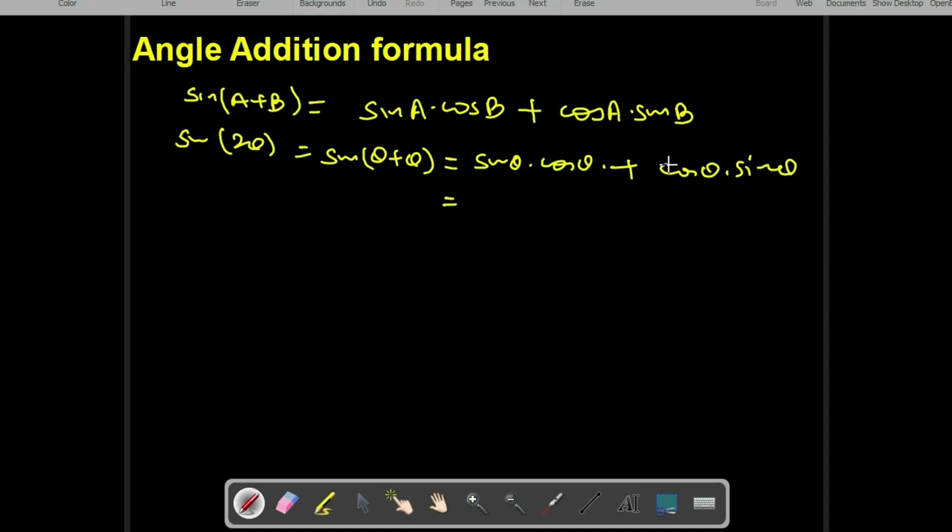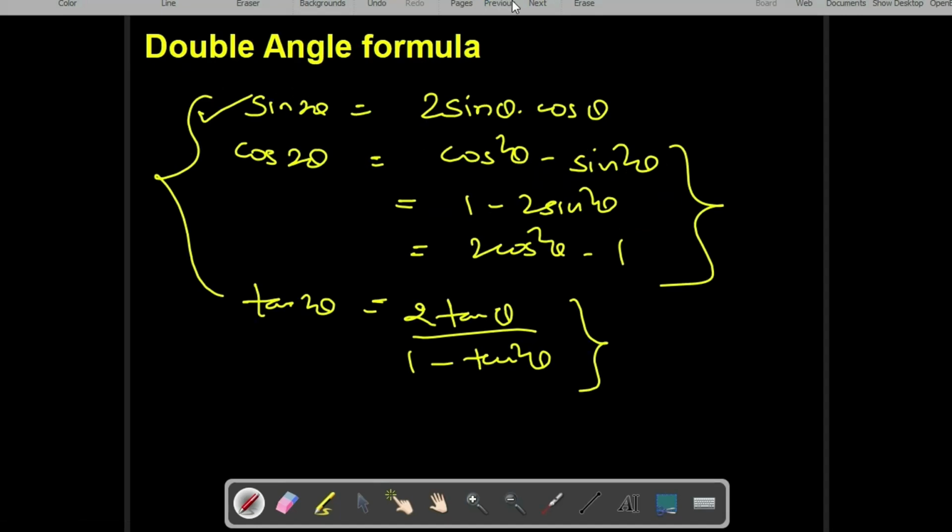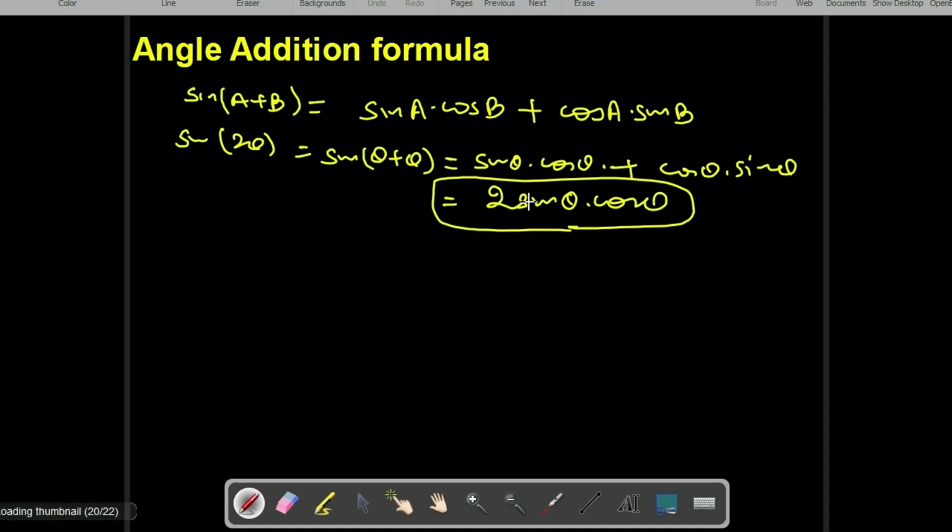So it is going to be 2 sine theta into cos theta. Compare with our previous slide: sine 2 theta is 2 sine theta into cos theta. That's why the angle addition formula is important. If you know it, you can identify for 3 theta as well, 4 theta as well.